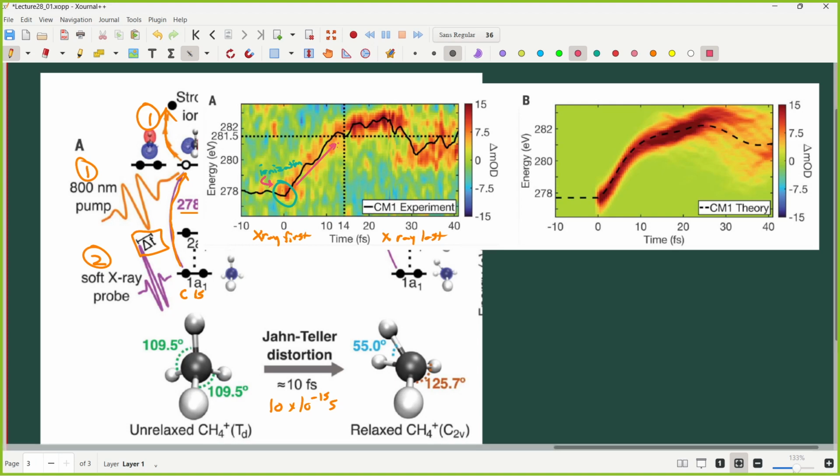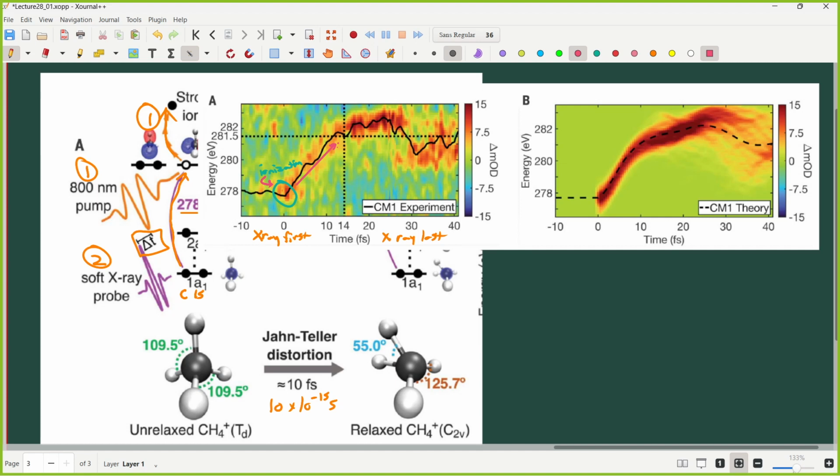The energy of the absorption rises. What you're observing here is this molecule, the methane molecule, right? You initially ionize it at t equals 0. It's in this geometry. And then slowly but surely, by slowly I mean 10 femtoseconds, that's 10 quadrillionths of a second, the molecule slowly isomerizes to this.